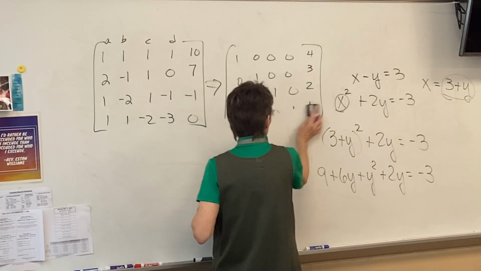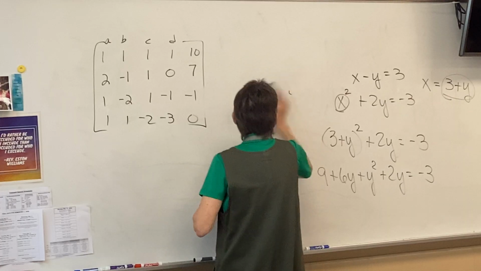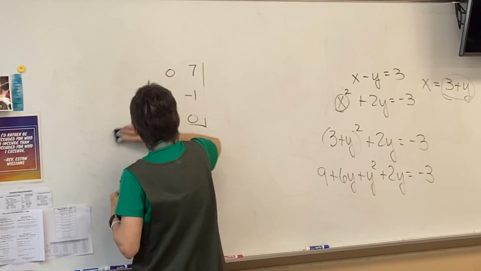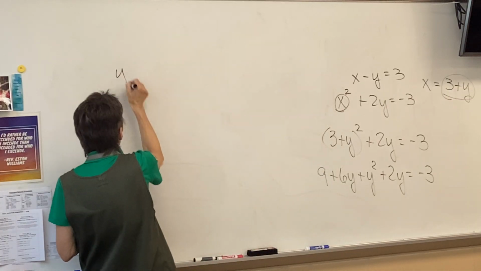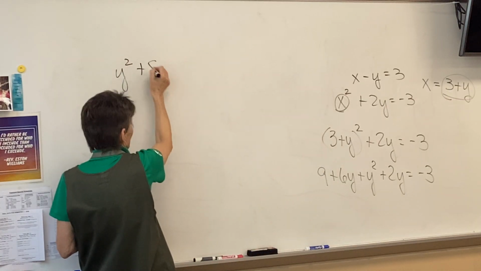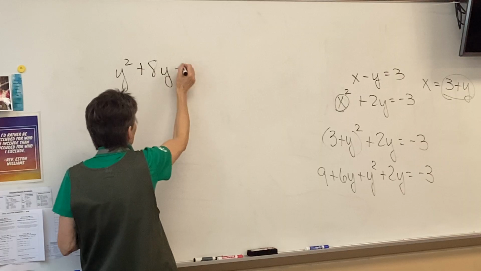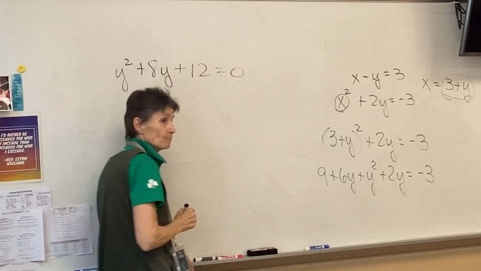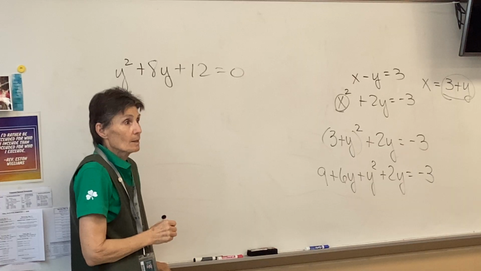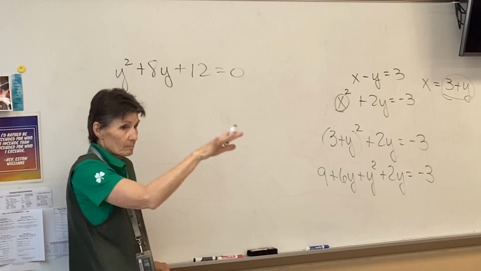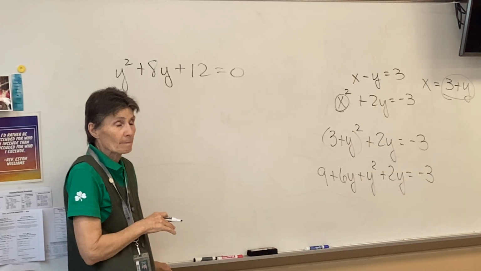Now, what do you want to do with that? Add like terms. Yeah, we want to get it all cleaned up and set it equal to 0. So y squared plus 8y plus 12. Everybody coming along?